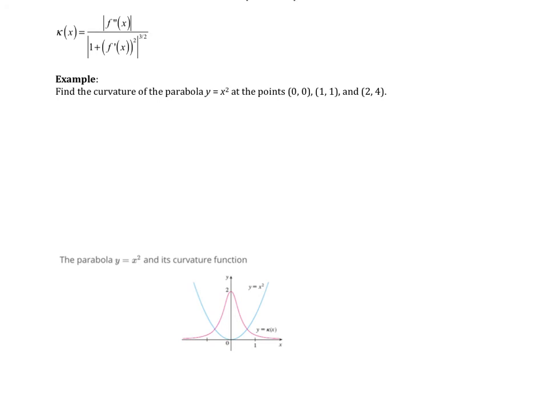Okay, let's find the curvature of the parabola, which we know what that looks like, y equals x squared, at the points 0, 0, 1, 1, and 2, 4. So let's look at our different curvature values.